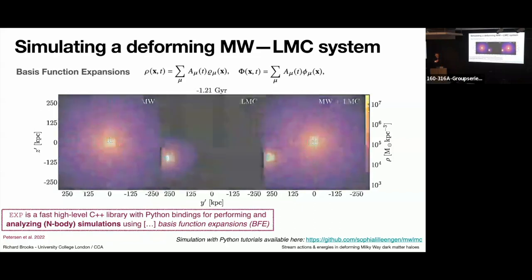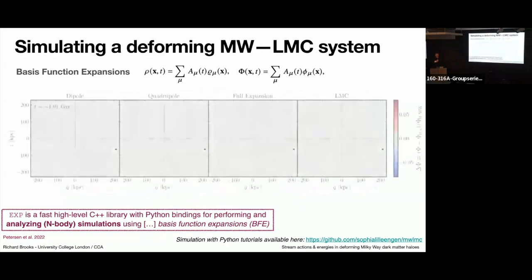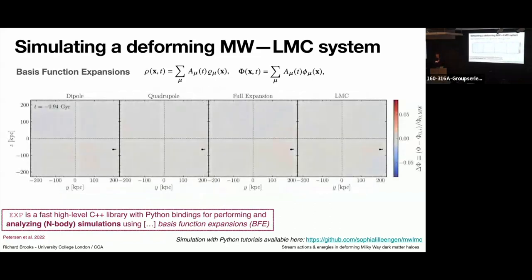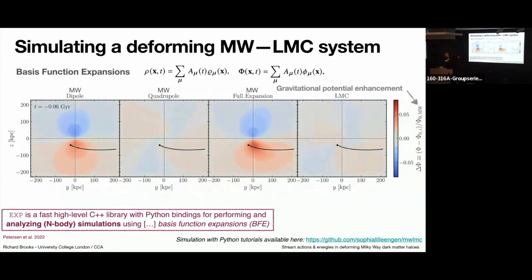You can also look at this in the potential, related through Poisson's equation. You can see the same thing here, except in the left two panels I'm showing the gravitational potential enhancement, so how much it's changed relative to the unperturbed case. In the first two panels, I've decomposed the Milky Way halo into just two of its moments, the dipole moment and then the quadrupole moment.